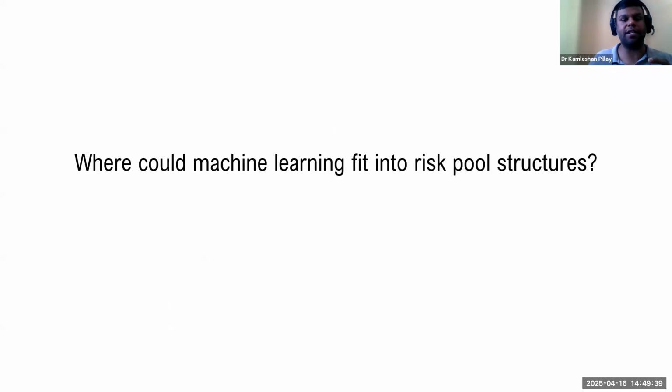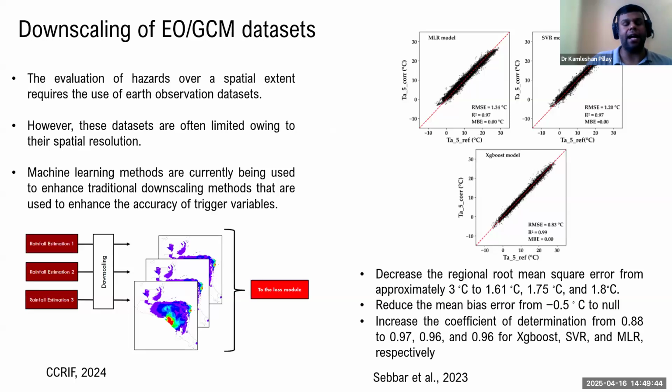But I just wanted to point out where machine learning could fit into risk pool development. So there are some use cases that are maybe straightforward. We know that a lot of the global climate model data is too coarse in resolution, sometimes covering 90 by 90 kilometers, and that's often very difficult to make local scale predictions, never mind using the data itself to formulate a loss model.